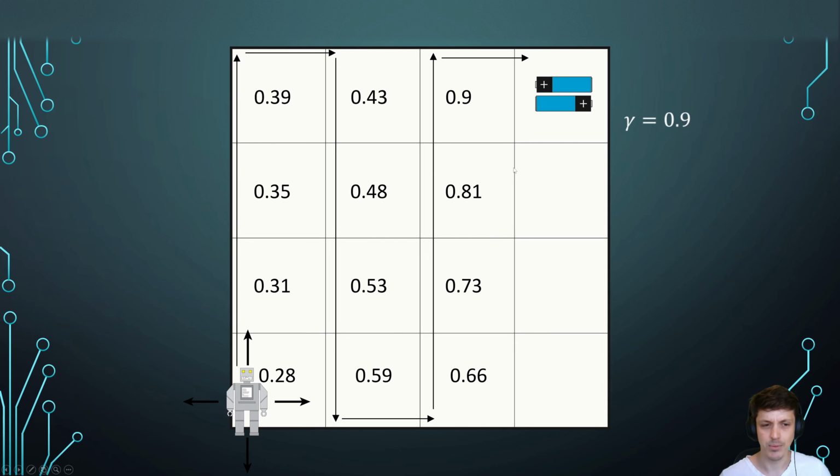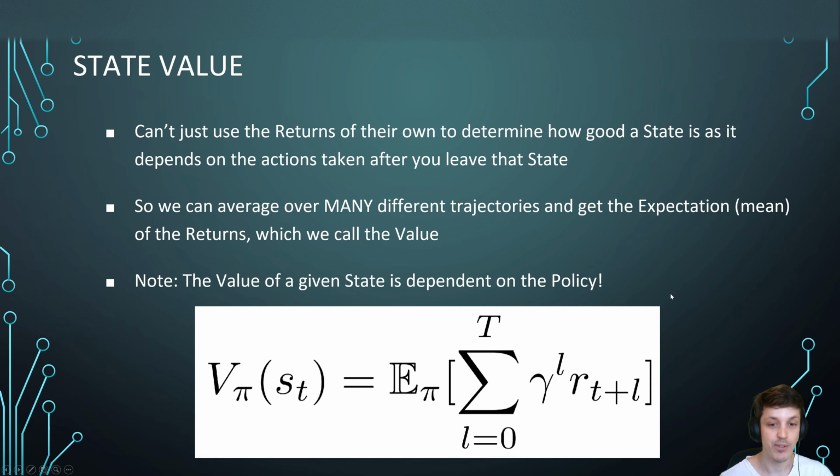As I said, this return was supposed to tell us how good a particular state is, but if how good a particular state is depends on what we do later on, then it's not a fair metric, is it? So what you might think we need to do is average over many trajectories. We don't just take the returns from one trajectory, we do many rollouts, many trajectories, calculate the returns from each, and then for every state, find the average return.